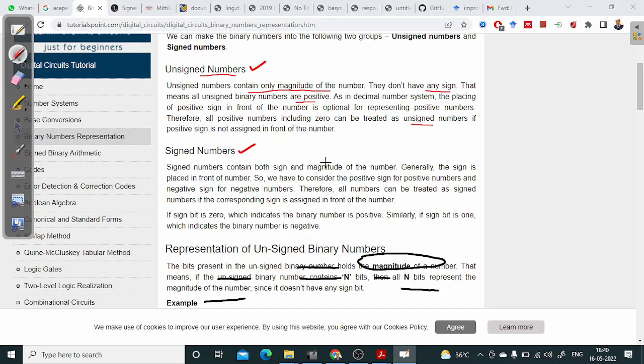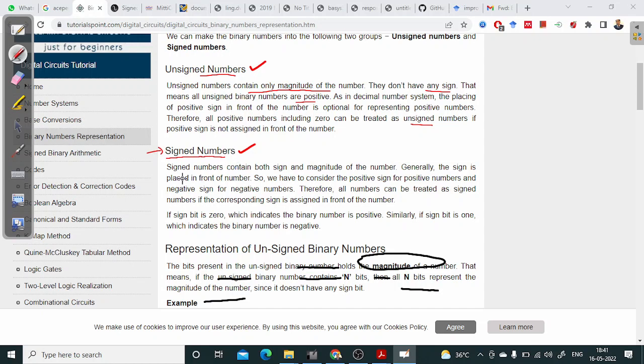But when we have to incorporate negative numbers, what to do? Generally we cannot do calculations without having negative numbers.